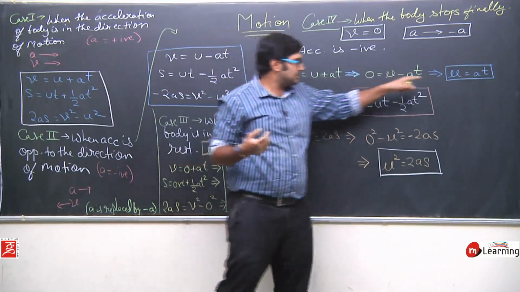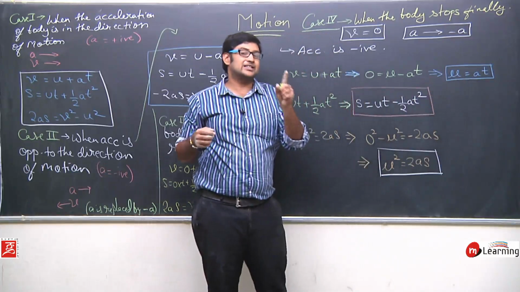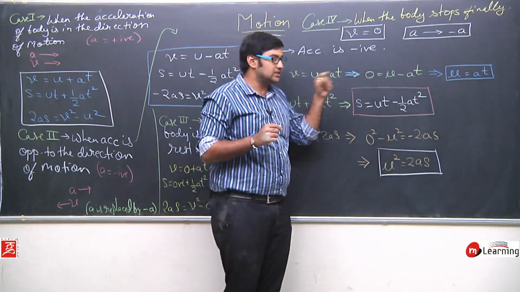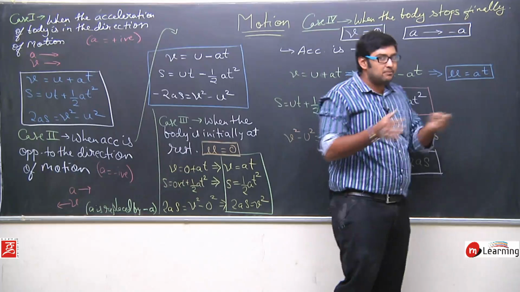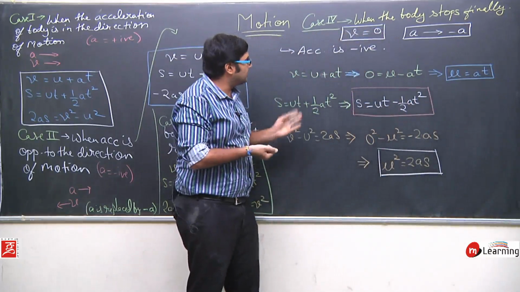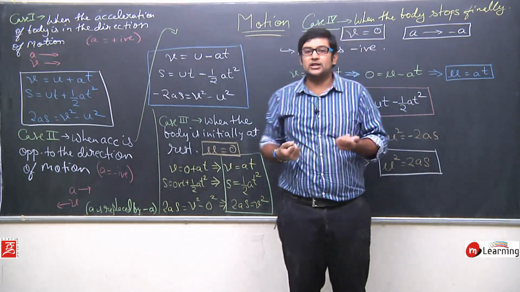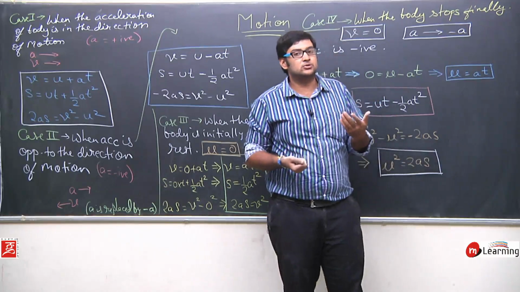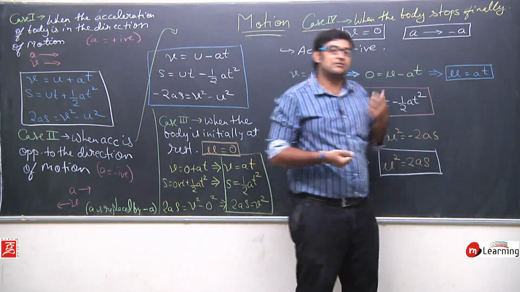Acceleration is constant and will not change, and t represents the time period I am considering. In this way we can modify the equations of motion and get important results out of it, which help us solve numerical problems. So you can note this and then we will continue.